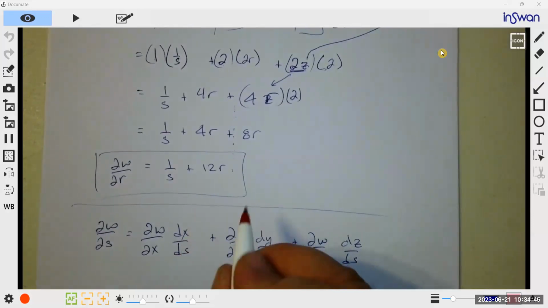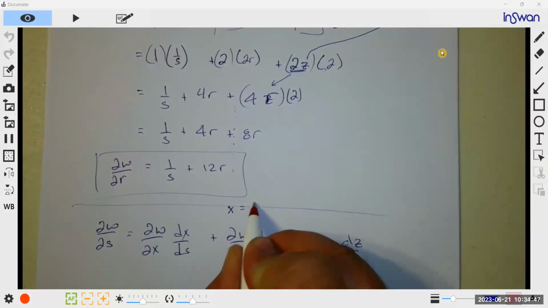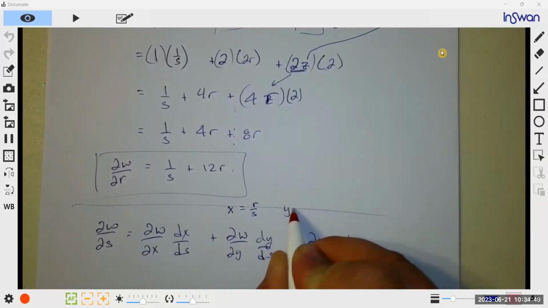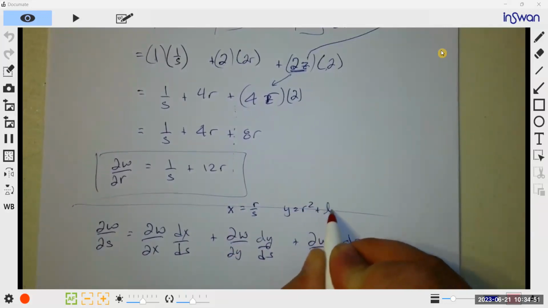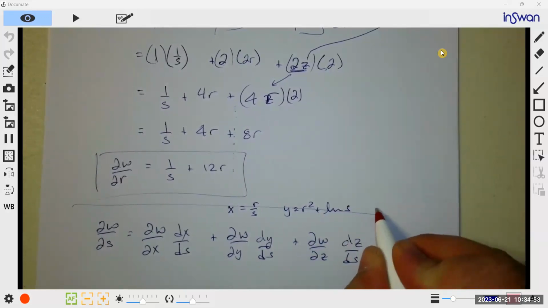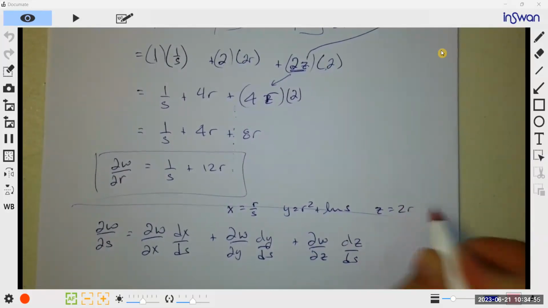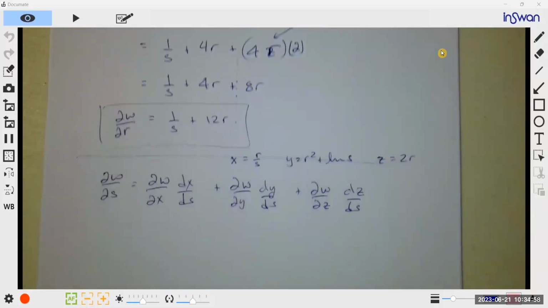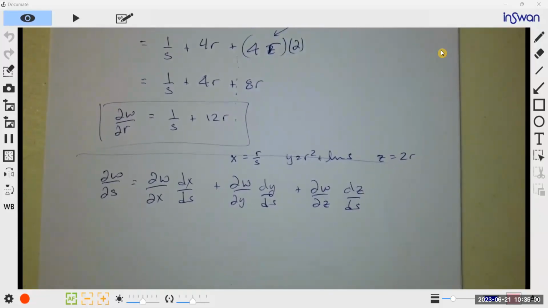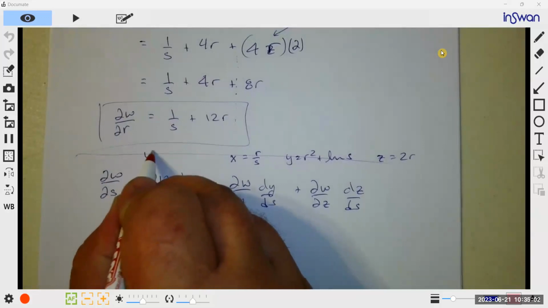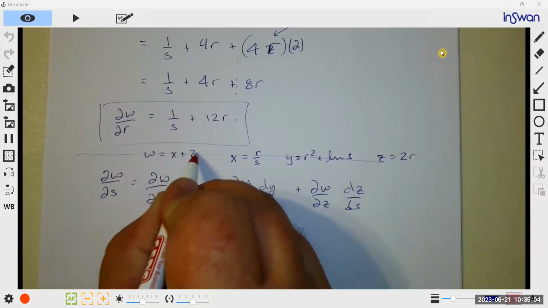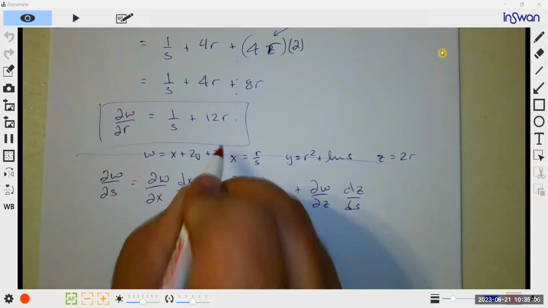Remember, the functions are x is equal to r over s, y is r squared times ln s, and z is 2r. And w is x plus 2y plus z squared.